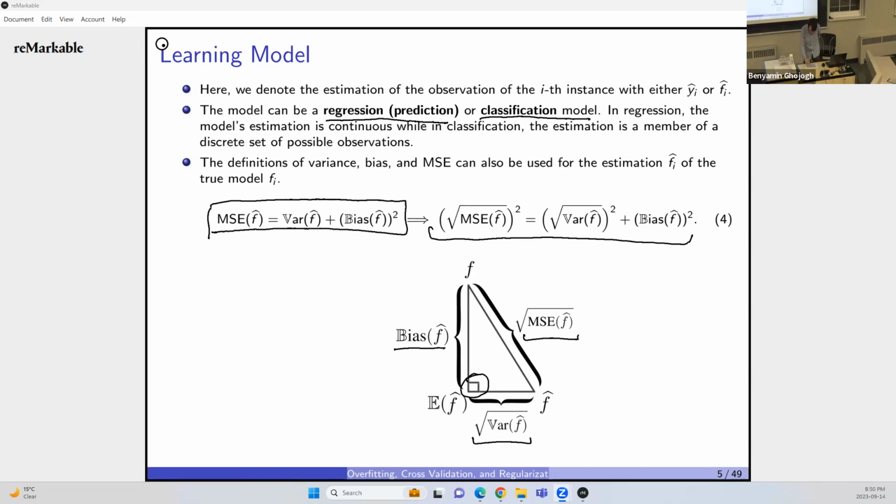Here, therefore, we can have f and f hat, because this is a difference of f and f hat. Also, you can see this as the expectation of f hat, according to that formula of variance. And what is this? Bias, according to the definition of bias: the expectation of f hat minus f. Remember? f itself.